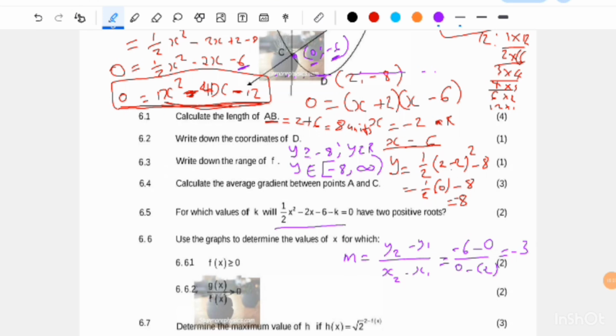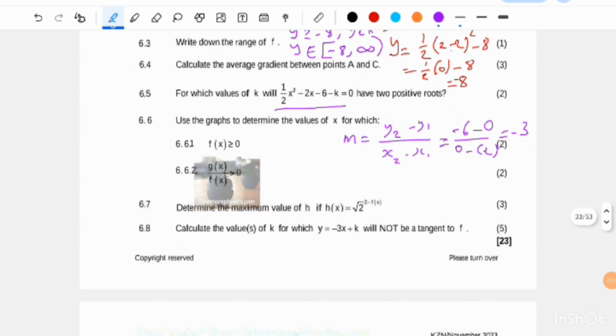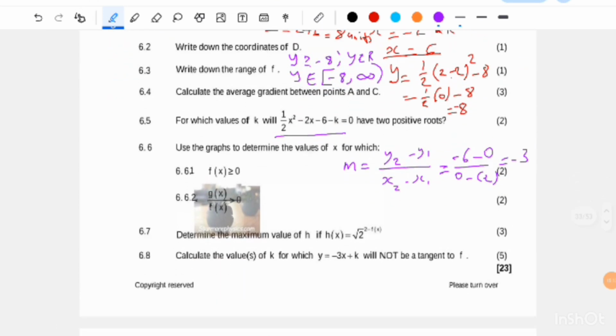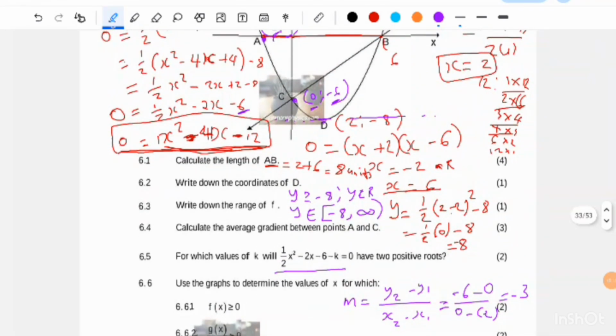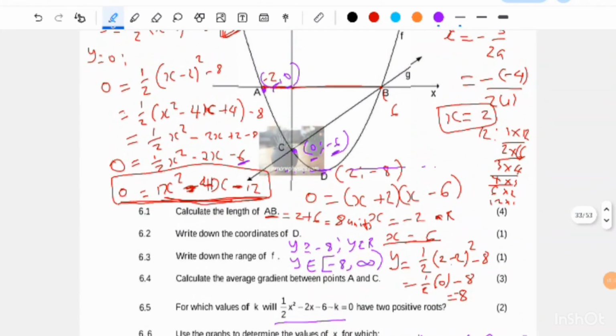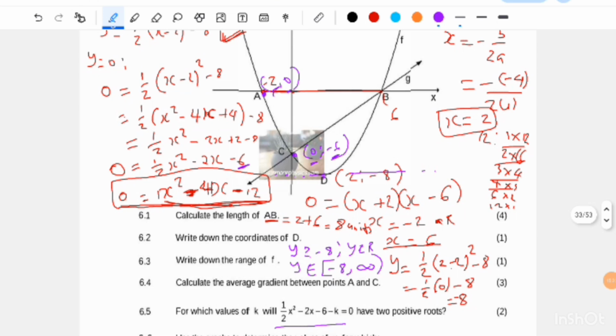Let me see if I can make space to explain this, or rather let me go up to where the function is. For which values of k will our expression minus k equal to 0 have two positive roots? When we look at our f of x, it has two roots, but they are not two positive roots, roots being the b and the a.